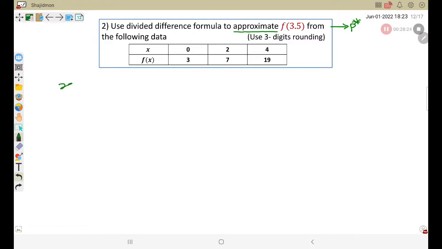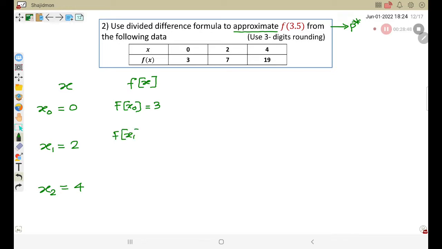We write x, f of x. x0 is 0, x1 is 2, x2 is 4. f of x0 is 3, f of x1 is 7, and f of x2 is 19. These numbers are given in the question.